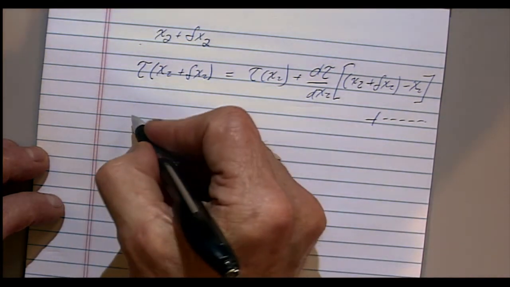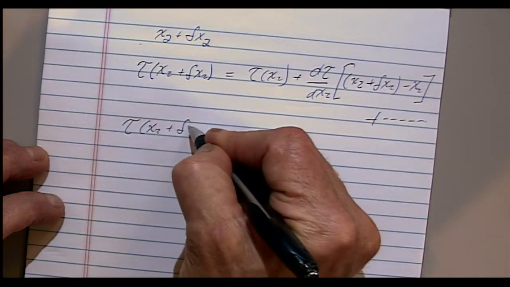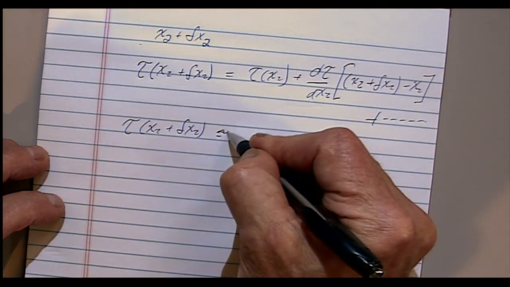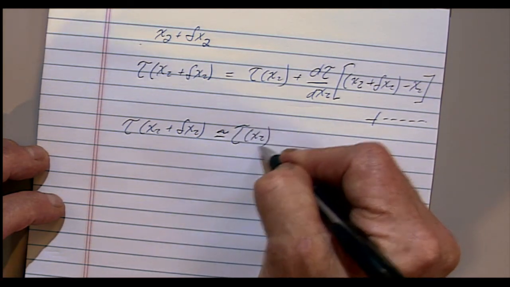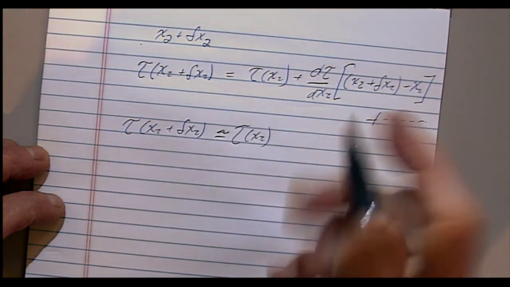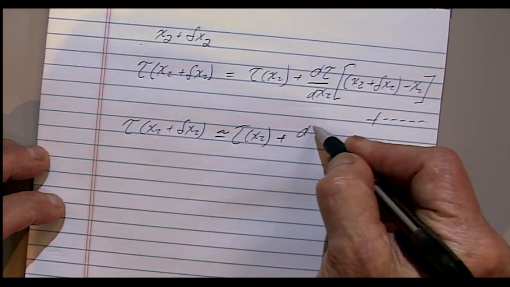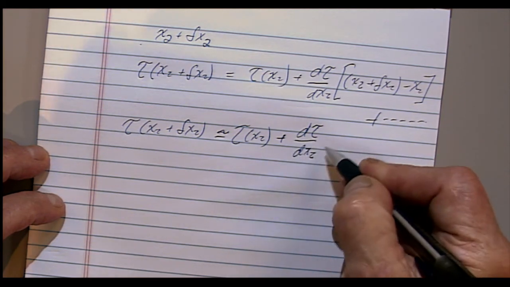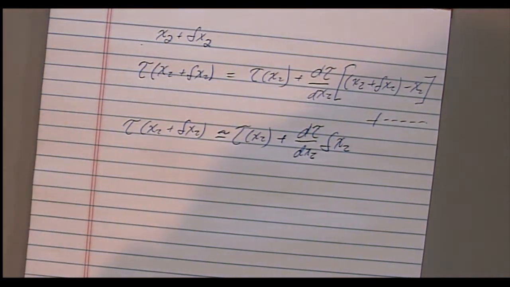Okay, and so I can write that tau of x2 plus delta x2 is approximately, because I've dropped higher order terms, tau at the top surface. So the stress at the bottom surface is the stress at the top surface plus the derivative of tau with respect to x2 times delta x2. Okay, so that's what the stress at the bottom surface looks like.